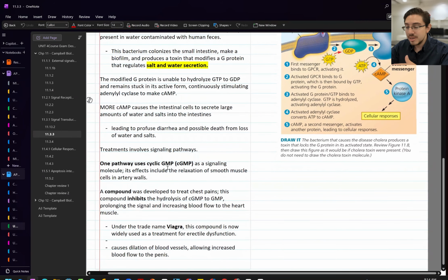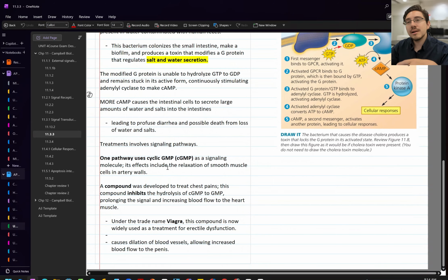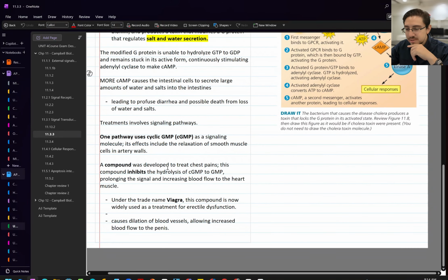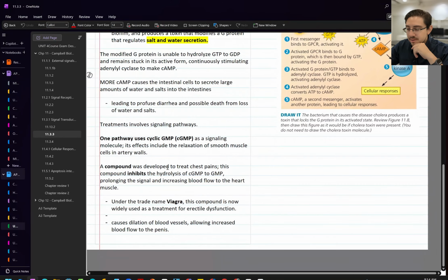More cyclic AMP means that you're going to secrete lots of water and salt into the intestines. So very important there. Another pathway uses cyclic GMP, a very similar precursor molecule, as a signaling method.